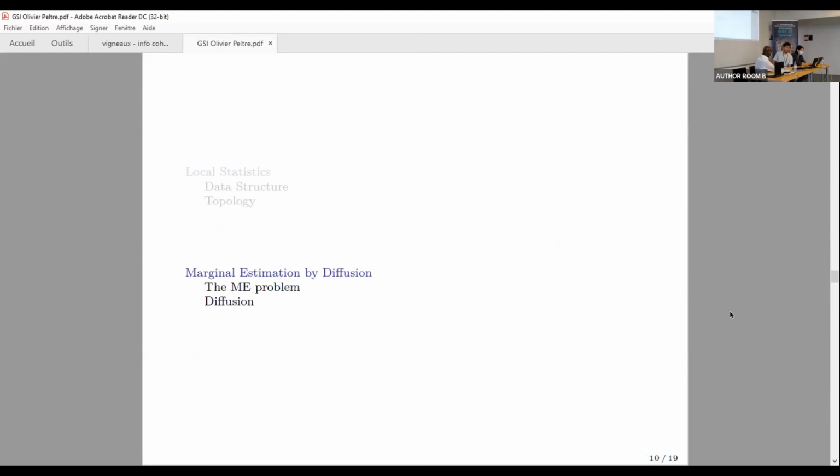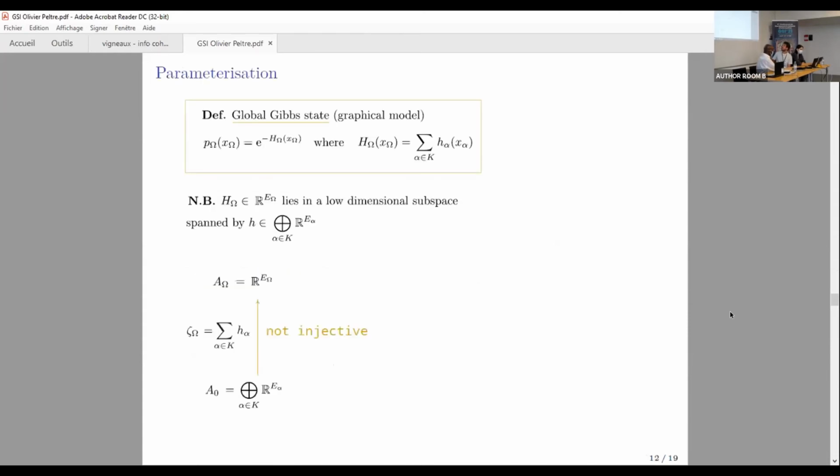Okay. And so with this, now I'm going to talk a bit about marginal estimation. That was the motivation for looking at these structures. And so here is a formulation of the marginal estimation problem. Very classical way. We consider a probability distribution that is the Gibbs state of some energy function.